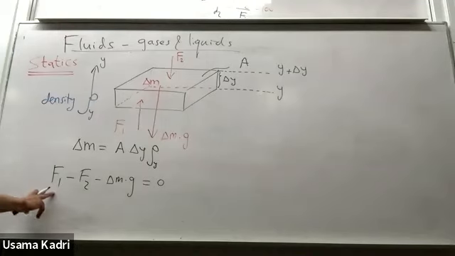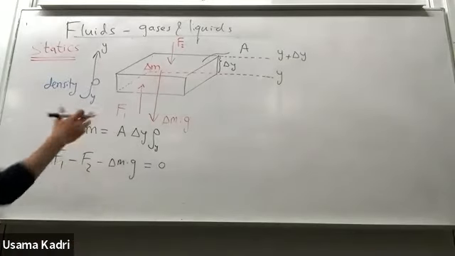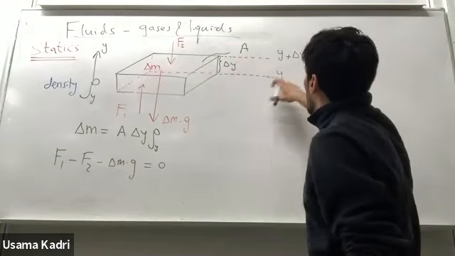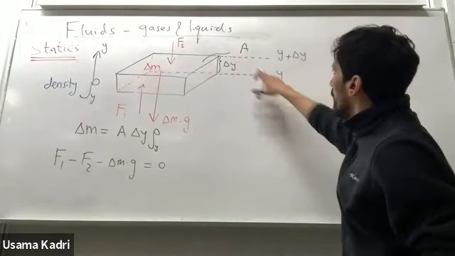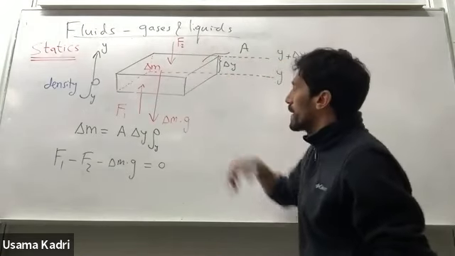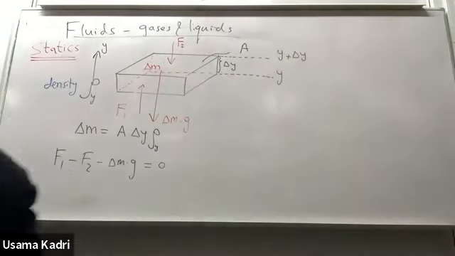I can substitute now F1. What is F1? F1 in terms of the pressure is P at y divided by A, and F2 would be P at y plus delta y divided by A as well. The surface area is the same.